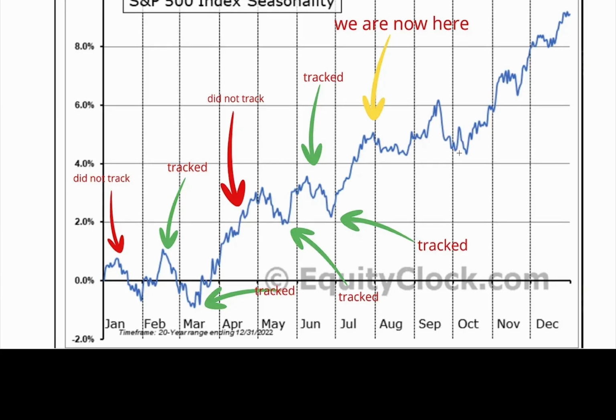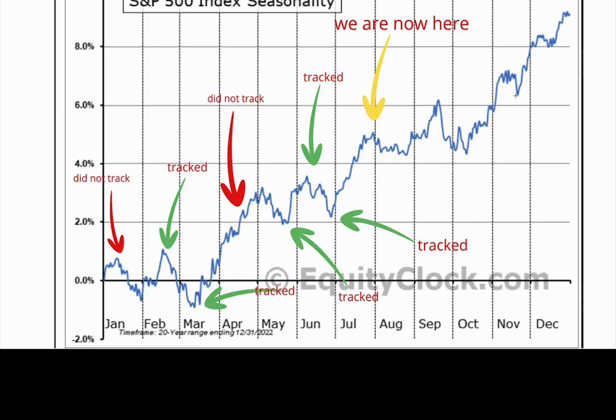This one I don't have as many arrows, but right here is where we are. There's a little up move right here, and if seasonality continues to track, we should get a lower high that'll push us right back down. Towards mid-October, we should get a move pushing right back down, and then a bullish fourth quarter.